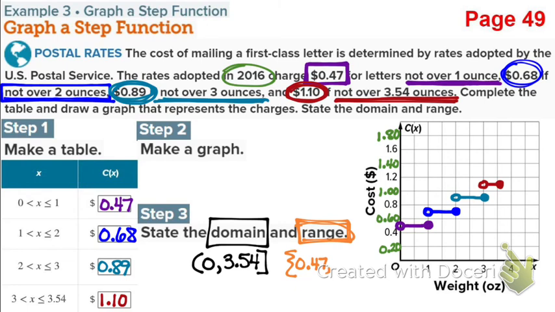What's the next one up? 0.68. And then what? 0.89. And last? 1.10. Those are all the possible prices that I could pay.